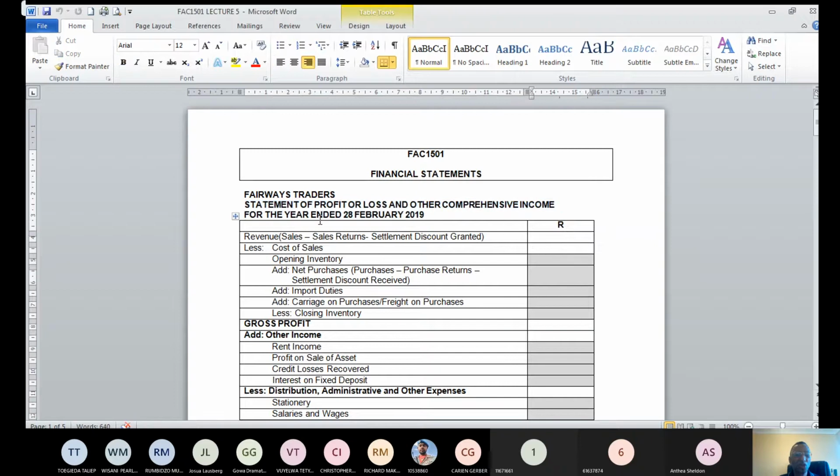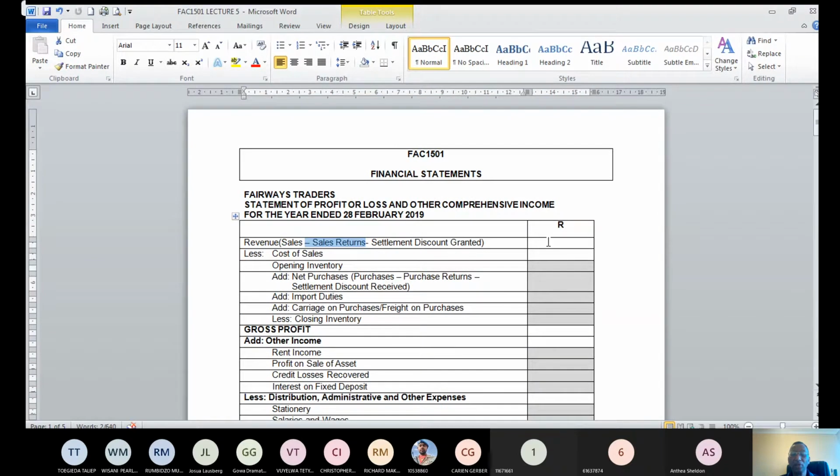So this statement starts off with your revenue, and your revenue is equal to your sales minus your sales returns minus your settlement discount granted, and that will give you the amount of revenue. You show these amounts here in brackets so that we can see where the answer is coming from.